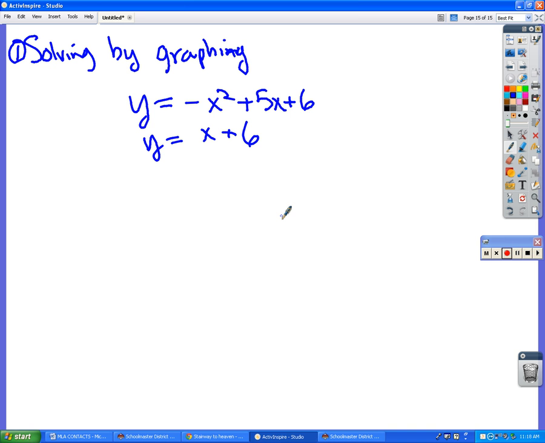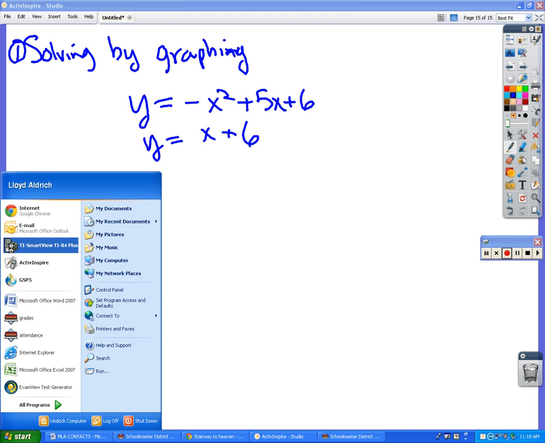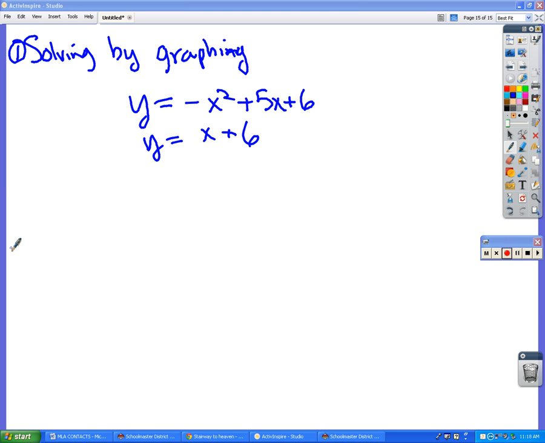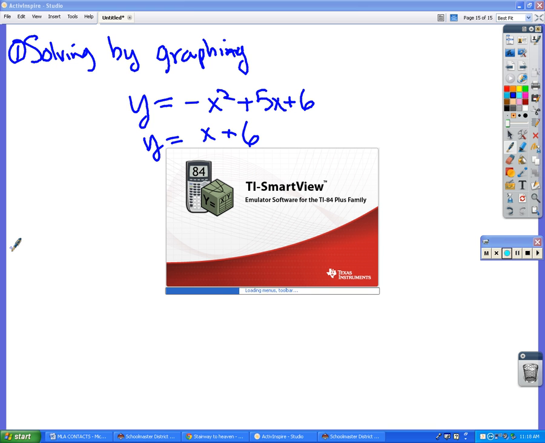And we are going to do this by graphing them on our calculator. Okay? So bust out your calculator if you have it. If you don't have it, then you need to remember to bring it. Pretty much need those every day, every hour of the day.